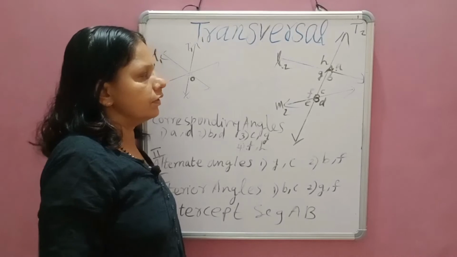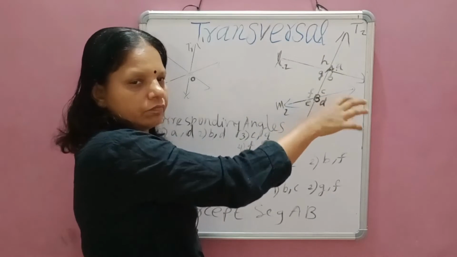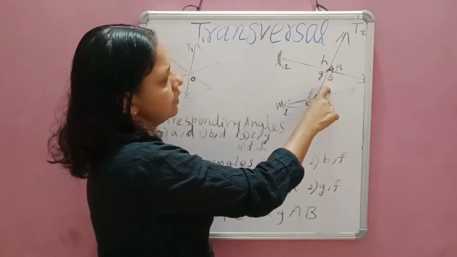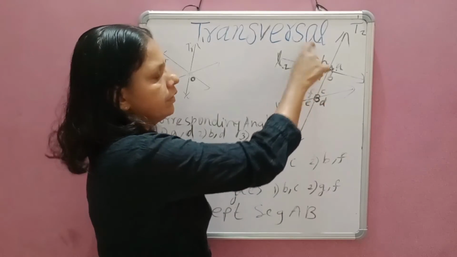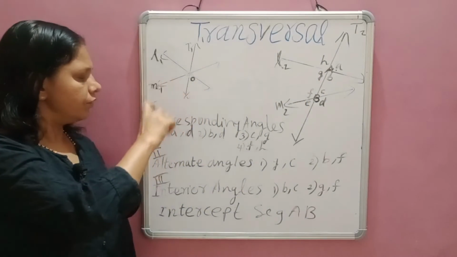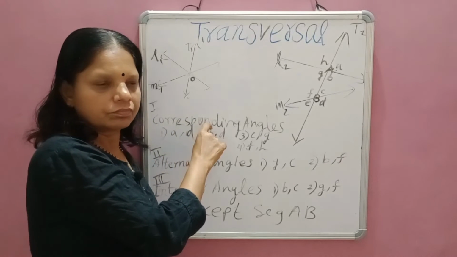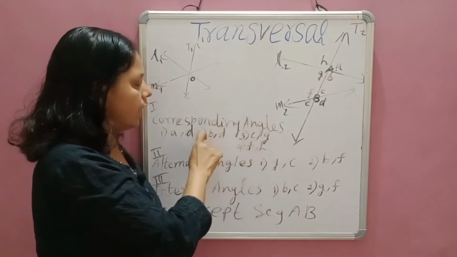The angles are named in small letters for convenience. Here the angles are A, B, C, D, E, F, G and H. The first pair of angles is the corresponding angles.